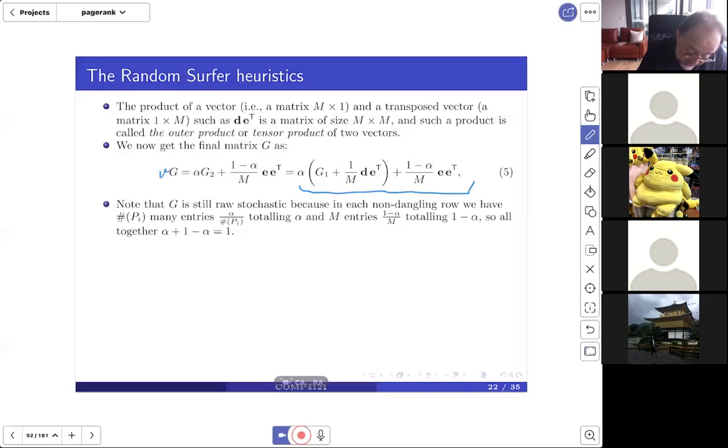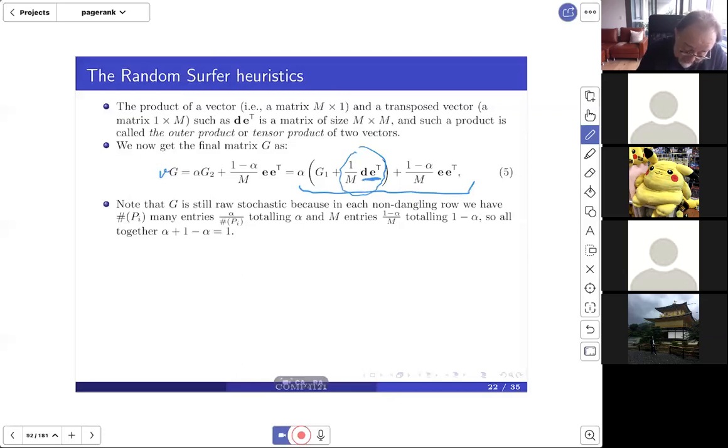So this is just a vector outer product with a vector of all ones. The point is that I will not directly multiply v by G, I will multiply v by G1, which is the starting matrix, which is sparse, and then I will multiply this, but this is an extremely simple expression because it consists only of ones and zeros.